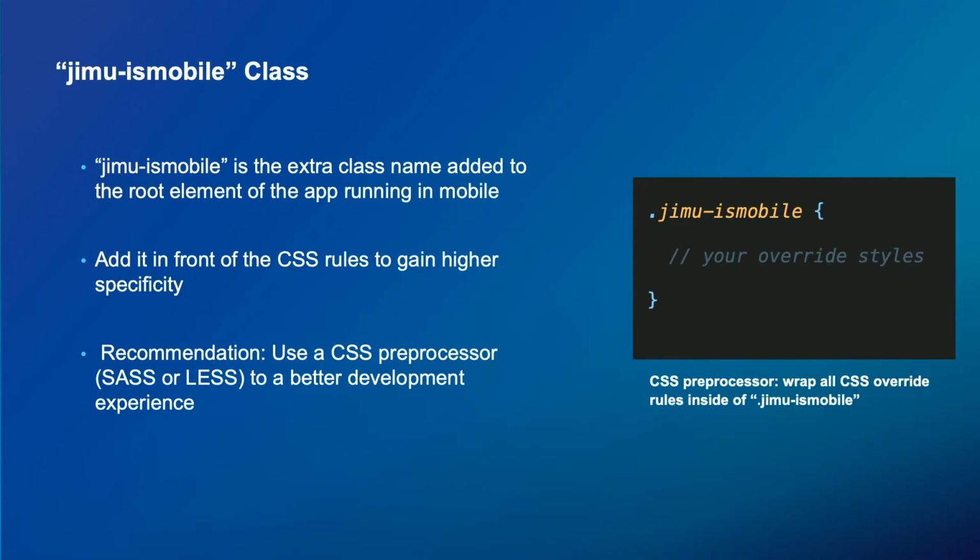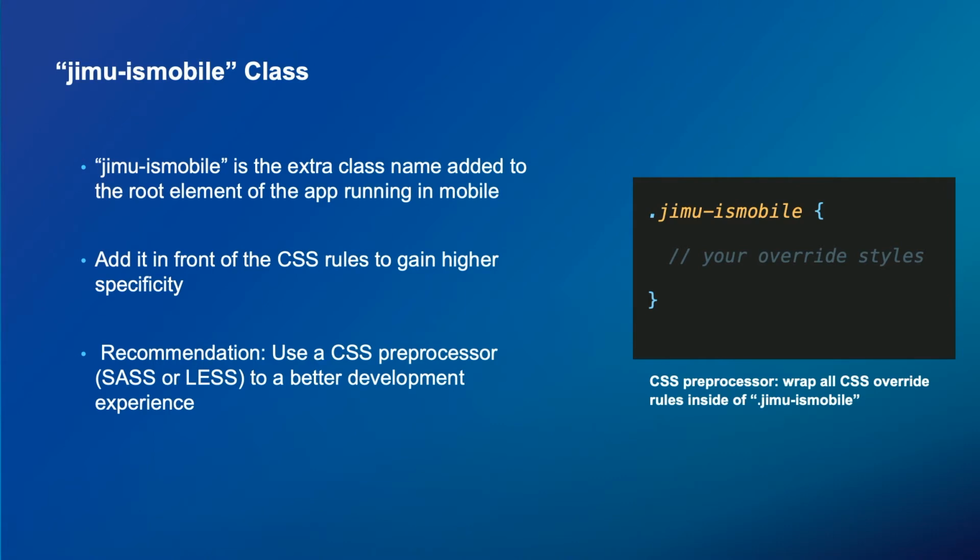And some recap: gmu-is-mobile is the extra class name that is added to the root element of the app running in mobile mode. So to use it in the CSS, we can add this class name in front of any CSS rule to make it more specific, so it can override any existing styles from the default desktop view.